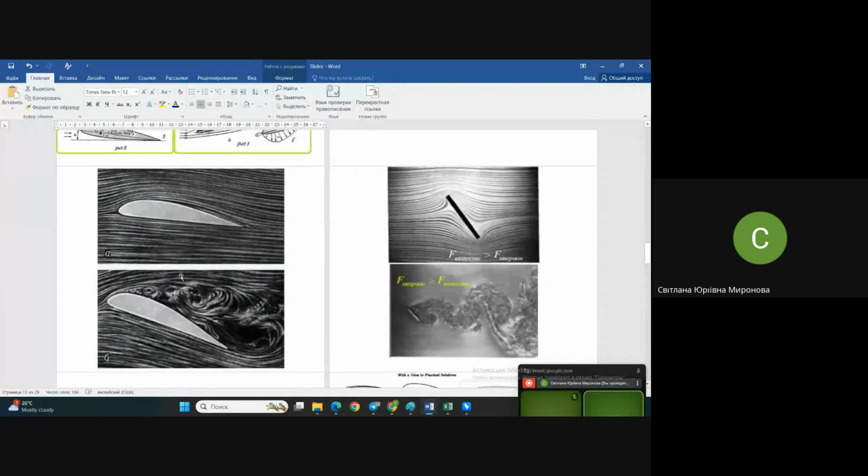And the place where the boundary layer has changed sharply is called the point of separation. Right now you see what happened, the so-called point of separation here.